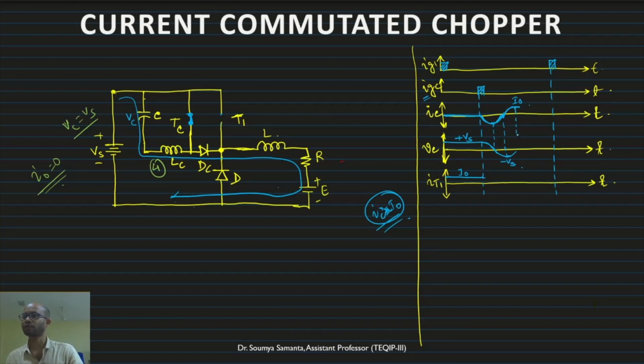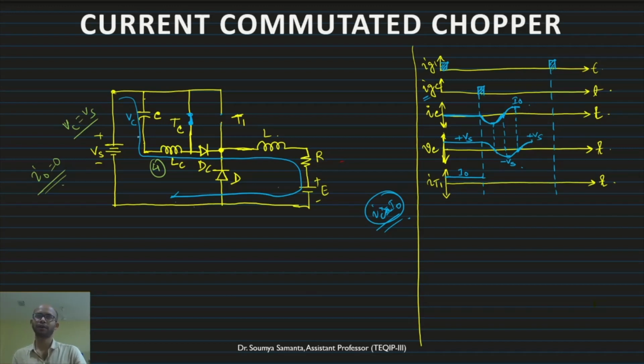Suppose this is the positive, at this position it will reach 0. Then this voltage will continue to grow in the opposite direction. It will reach here, suppose say plus Vs again. So now this one is growing.